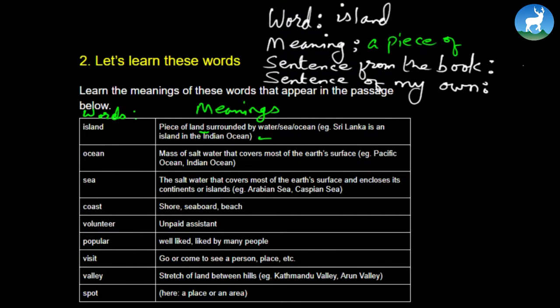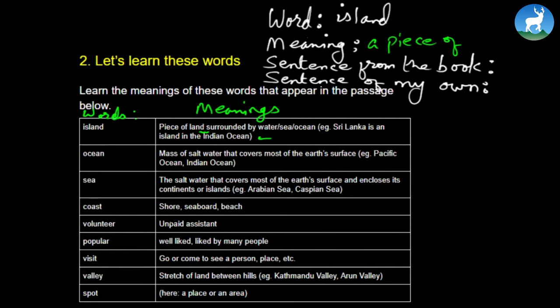You can write that very sentence here, and then you make your own sentence using the word island. You can do this every time you read a paragraph, and every time you come across a new word whose meaning you want to know.